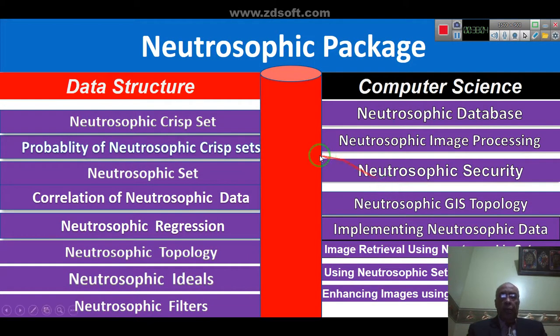This is the neutrosophic package. Data structure, computer science. Data structure: neutrosophic crisp set, probability of neutrosophic crisp set, neutrosophic set, correlation of neutrosophic set, regression, neutrosophic regression, neutrosophic topology, neutrosophic ideal, neutrosophic vector, neutrosophic calculus, neutrosophic measure, neutrosophic statistics.